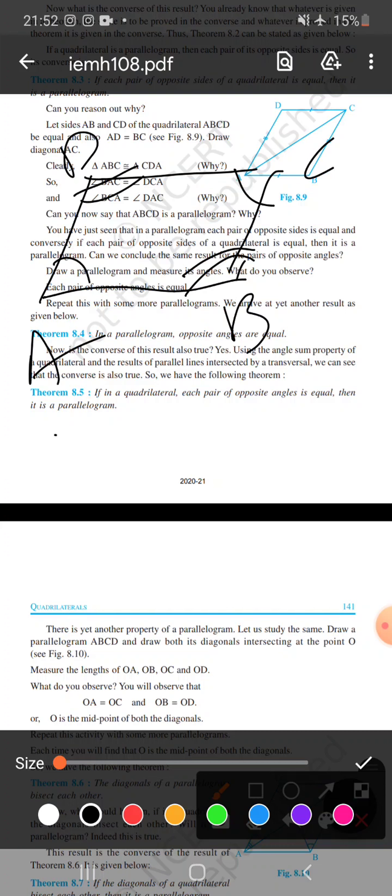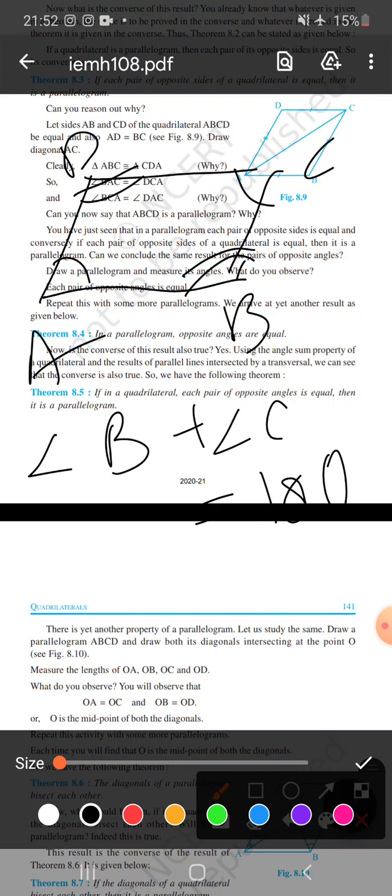If angle B plus angle C is equal to 180 degrees, then we can say that if AB and DC are intersected by a transversal BC, then angle B and angle C will be the interior angles on the same side of the transversal, and the sum of the interior angles on the same side of the transversal is 180 degrees, then the two lines are parallel.